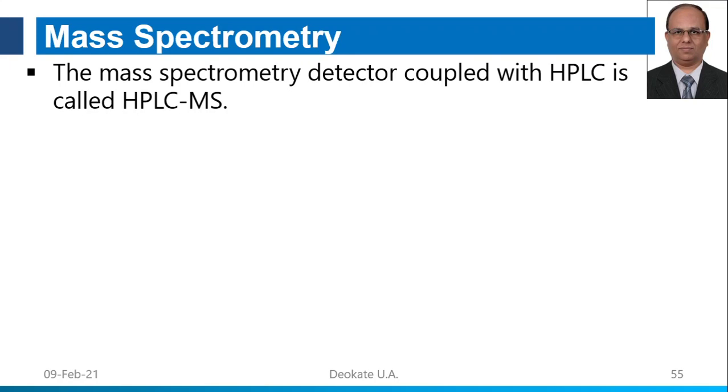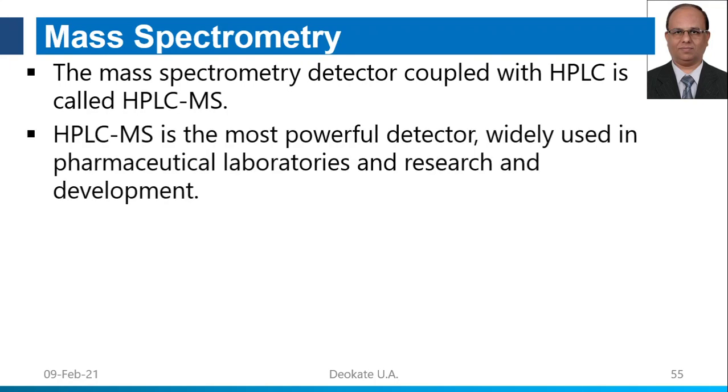In gas chromatography also, we can couple a mass spectrophotometer to separate and identify the samples. Here also, we can couple a mass spectrophotometer with HPLC to separate and identify the sample.